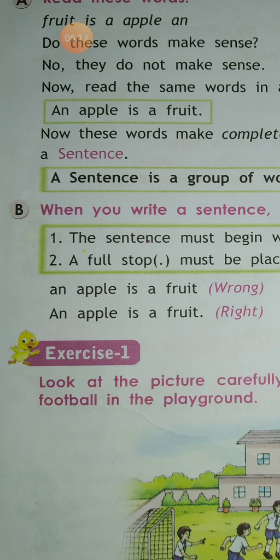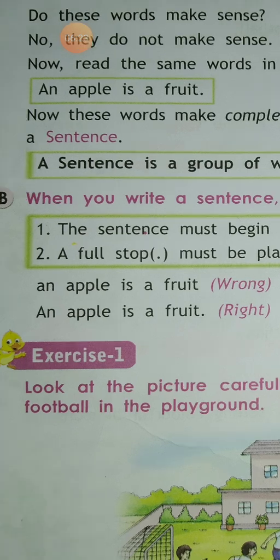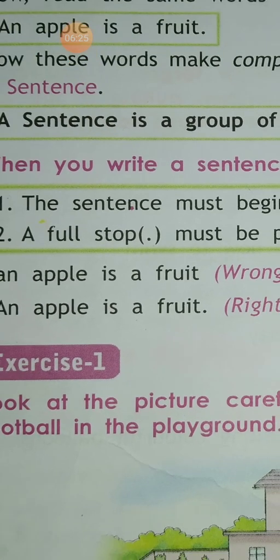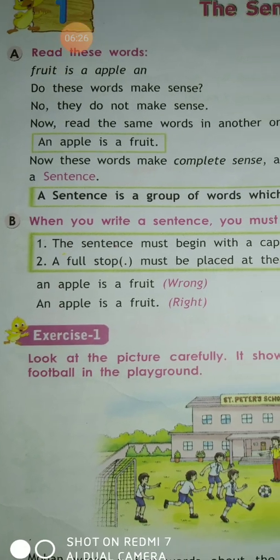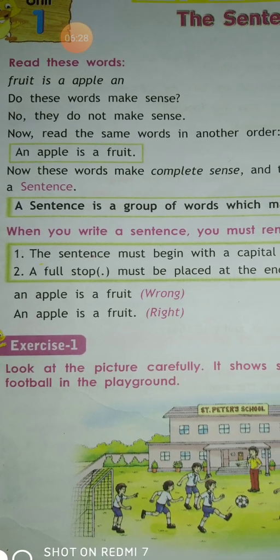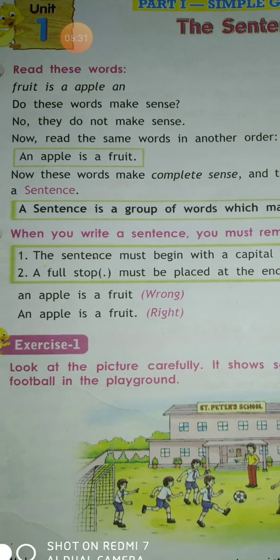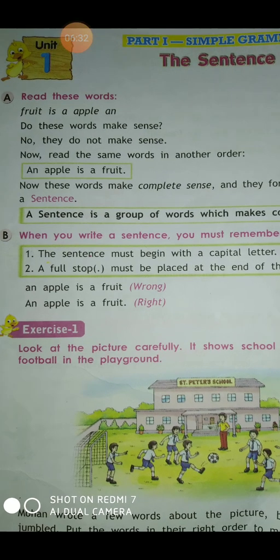See here, A, that is the first letter of the sentence, and that is capital. And there is a full stop here at the end of the sentence. So this is correct, and this has to be taken into notice. Now let's understand this with a few examples, okay, students?